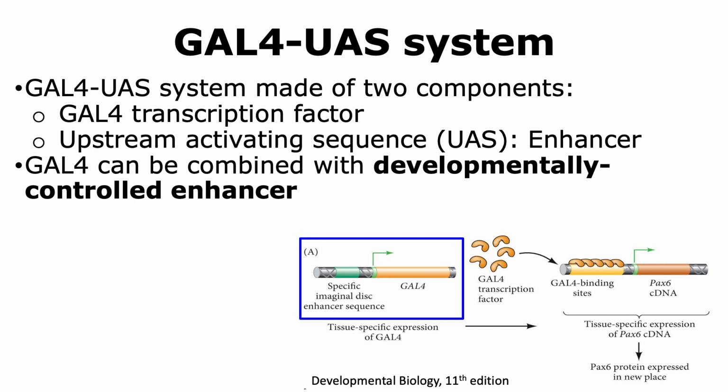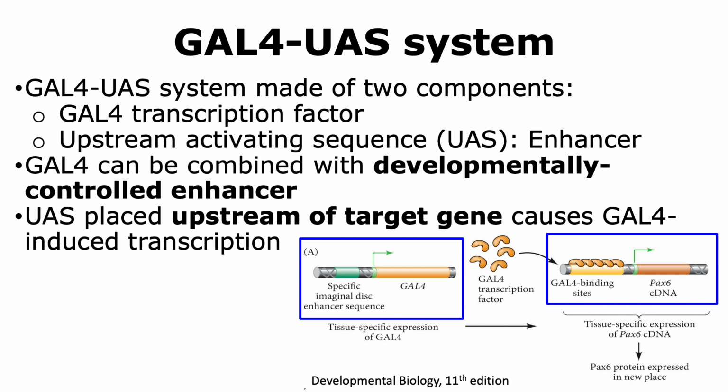Thus, in cells that use the specific imaginal disc enhancer sequence, the Gal4 gene will be expressed to form the Gal4 protein, which acts as a transcription factor. Now the UAS, or the upstream activating sequence, is placed upstream of a target gene that can cause Gal4-induced transcription. If we look at the blue box to the right of the figure, here we can see that our target gene is the PAX6 DNA, and upstream to that target gene, we have the UAS sequence.